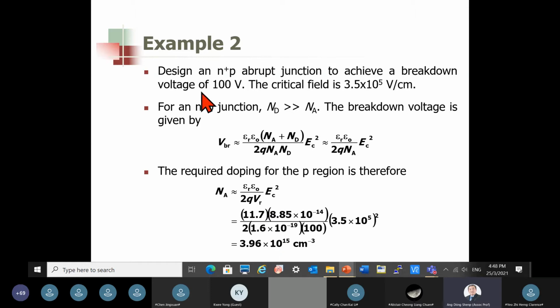We can fulfill the condition of a 100 volt breakdown voltage so long as we dope the P side to this value, and dope the N side much higher, 10 times or more higher than this value. Then the N plus P junction diode that you create will have a breakdown voltage of about 100 volts. That's how the PN junction can be designed to achieve a certain breakdown voltage.